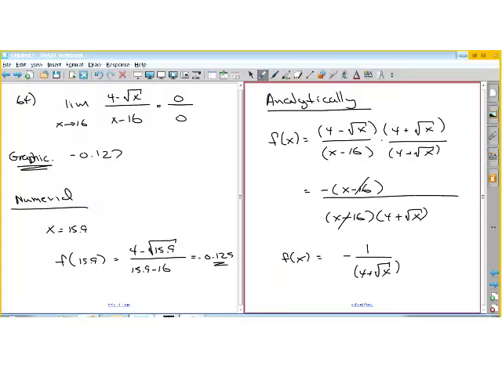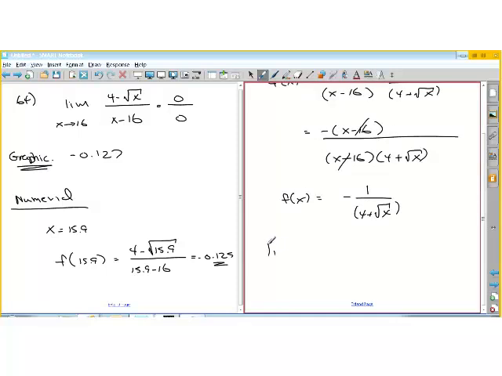So now this is not indeterminate. This is our original function. This function is going to look exactly like this one, except at x equals 16, it's going to be determinate. So all we have to do is find out what the limit of this new thing is.